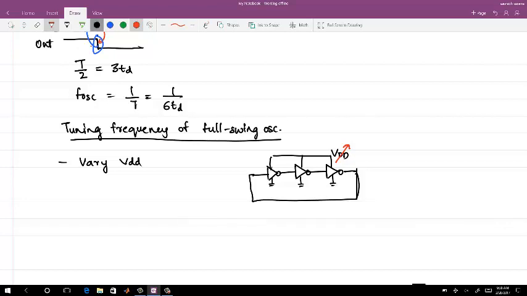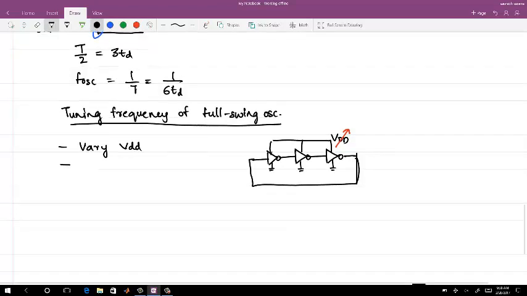What is another way to do it? Let's look at all the possible things. If you vary VDD, you can also vary ground, and there is nothing stopping me from doing that. So in place of a single inverter, I vary both VDD and ground, from in to out.